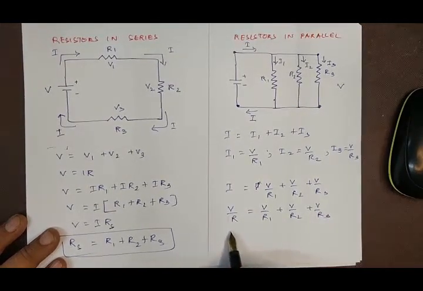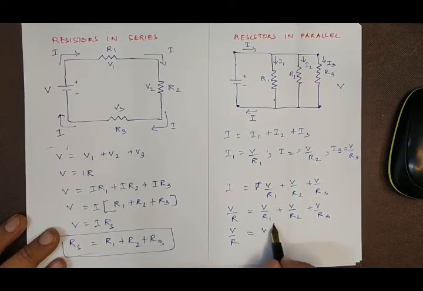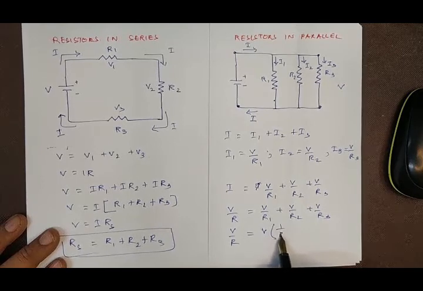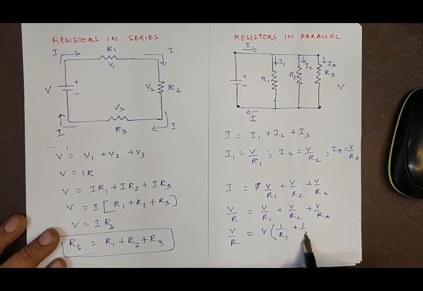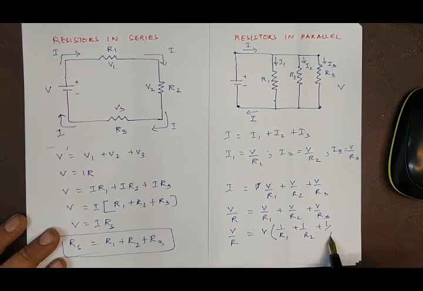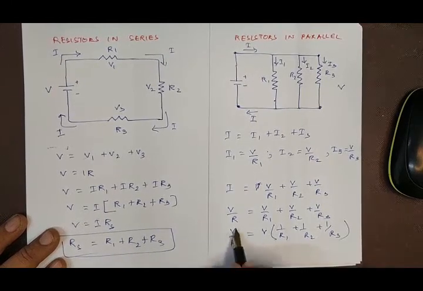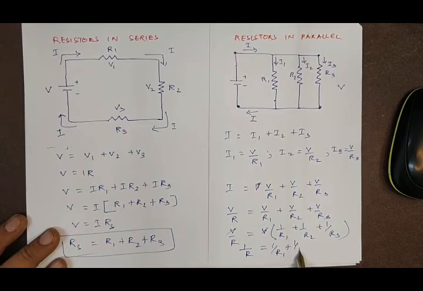So V by R is equal to, V is constant, so 1 by R1 plus 1 by R2 plus 1 by R3. On both sides V can be cancelled. Therefore 1 by R is equal to 1 by R1 plus 1 by R2 plus 1 by R3.